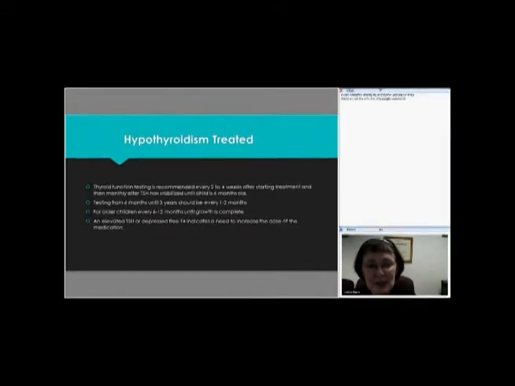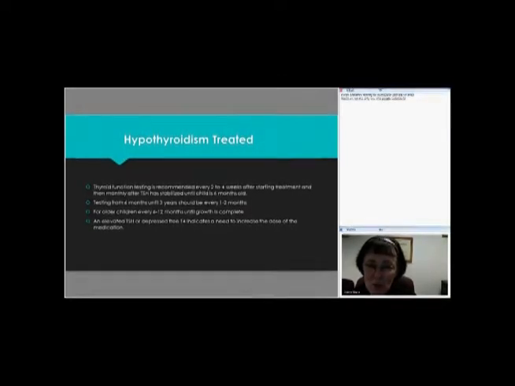Hypothyroidism is treated, of course, to prevent brain damage. Once you treat them, then the testing to make sure that everything's functioning like it should, it's recommended to test every 2 to 4 weeks after you start the treatment, and then monthly once the thyroid stimulating hormone has leveled out, and you do that until they're 6 months old.